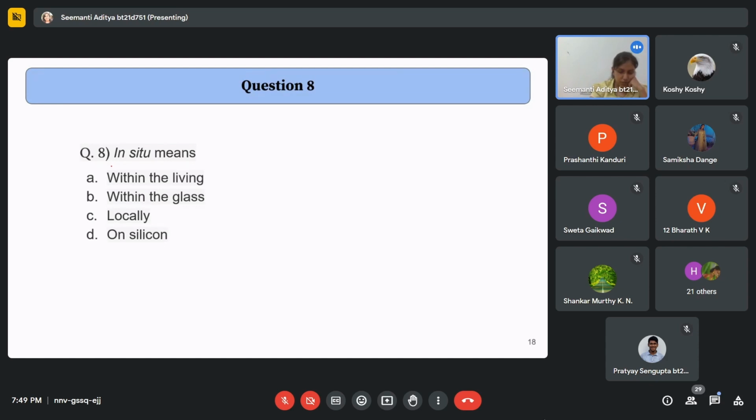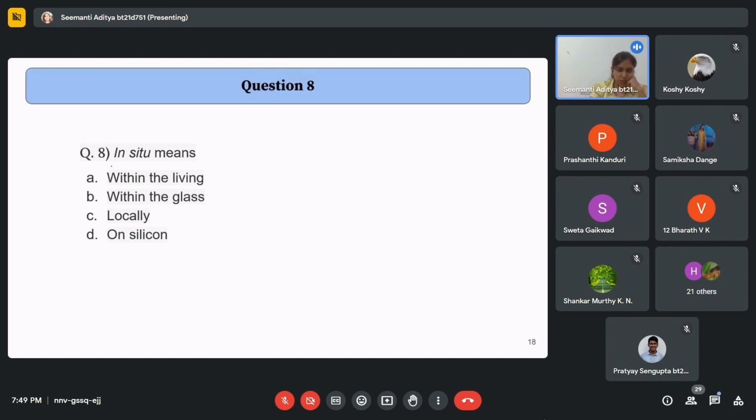Option A is not correct because within the living means in vivo. In situ is a very general term, not just for biological people. In vitro and in vivo are mostly used by biological people, but in situ is a more general term.